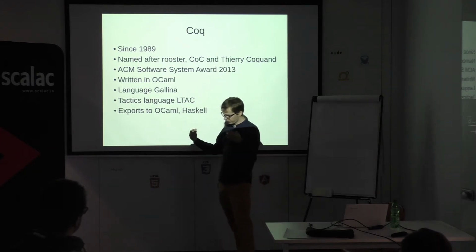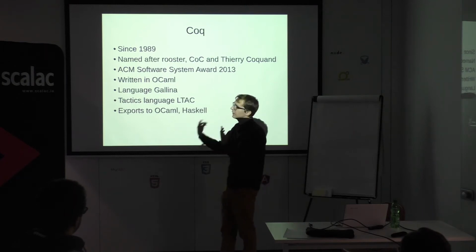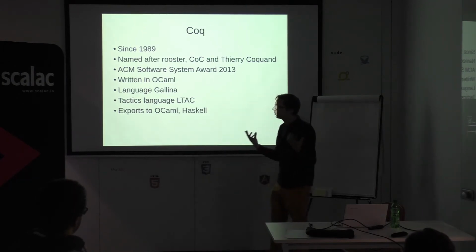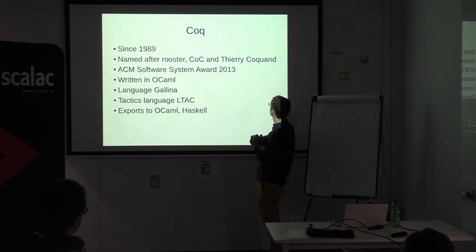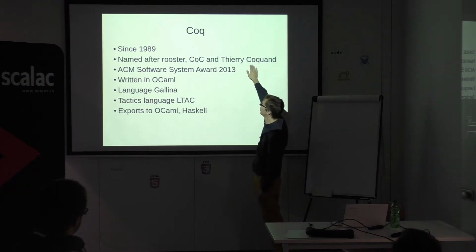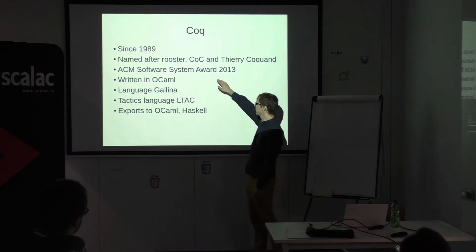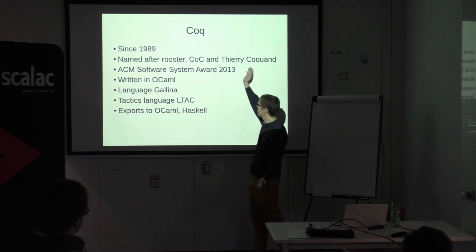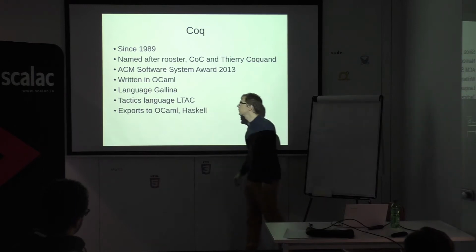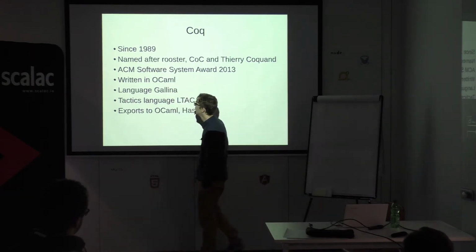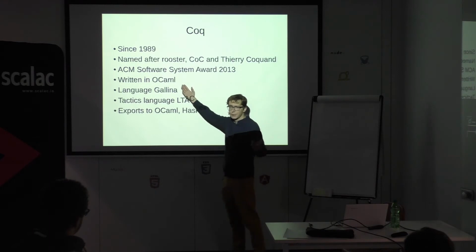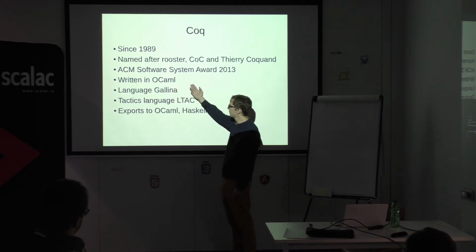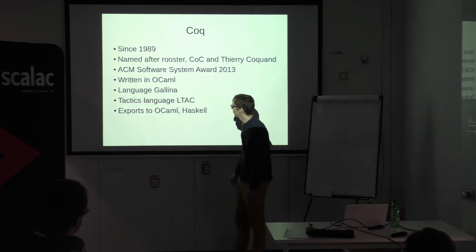And calculus of constructions is the exact theory behind Coq. And also it's the first three letters of Thierry Coquand, who was the head of this research group at INRIA when they developed Coq. Coq was awarded the ACM Software System Award 4 years ago. It's written in OCaml. OCaml is a programming language also developed at INRIA, actually.